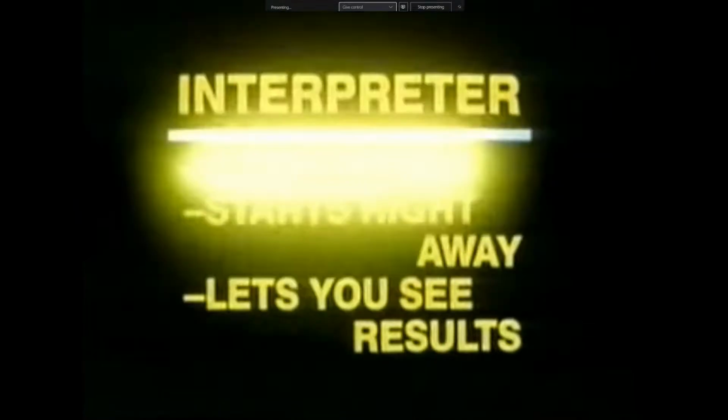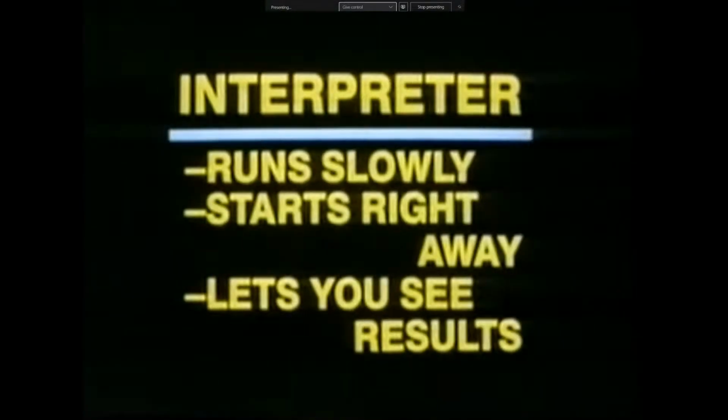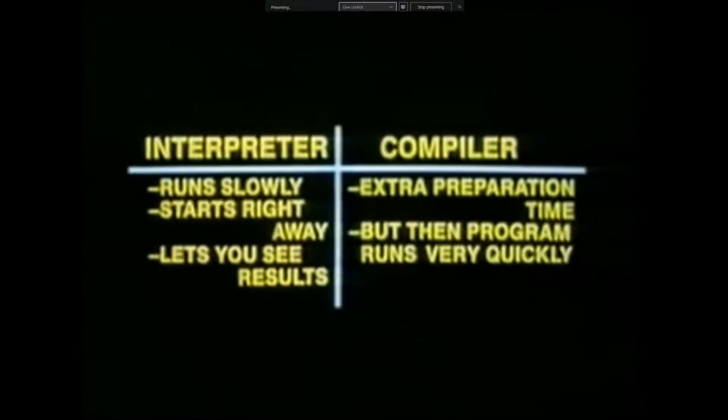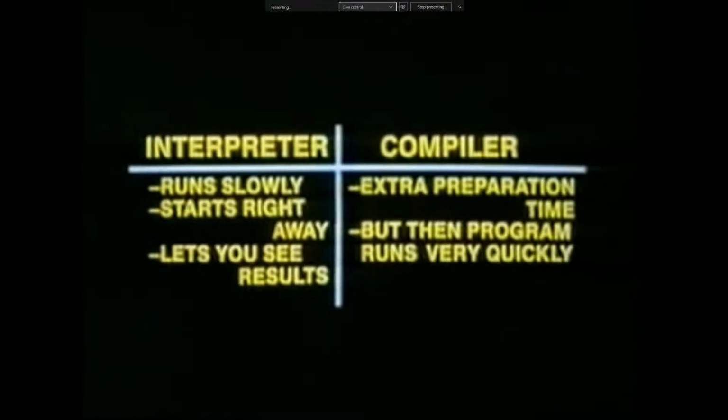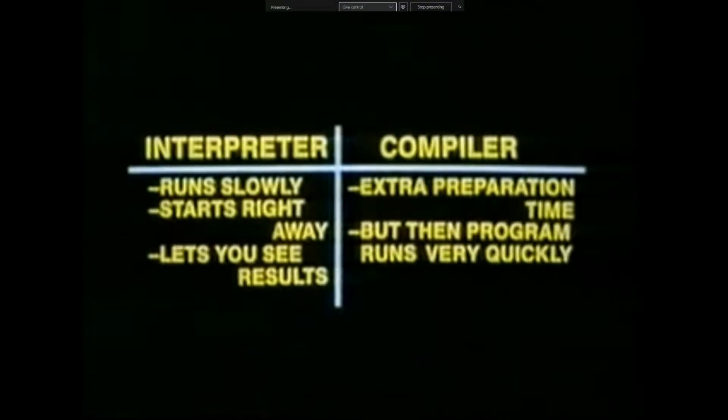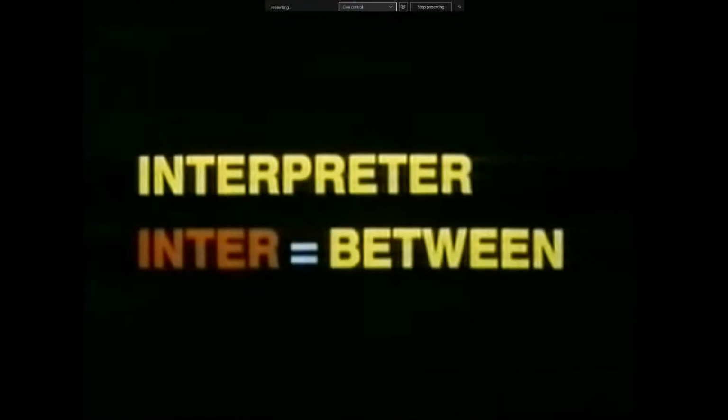An interpreter runs slowly, starts right away, and lets you see how things are going. Whereas a compiler takes extra preparation time before your program can run, but then lets it run very quickly and efficiently. To help you remember the difference between an interpreter and a compiler, look at the words themselves. Inter means between.